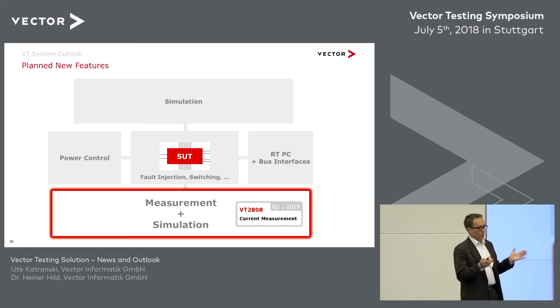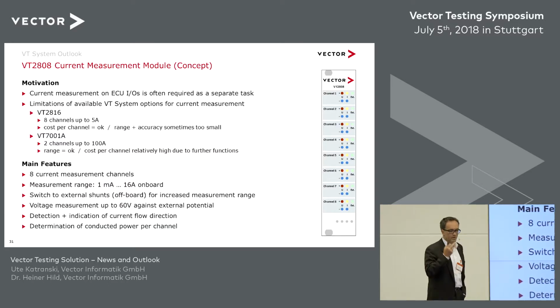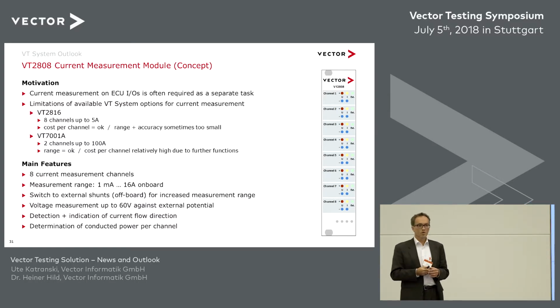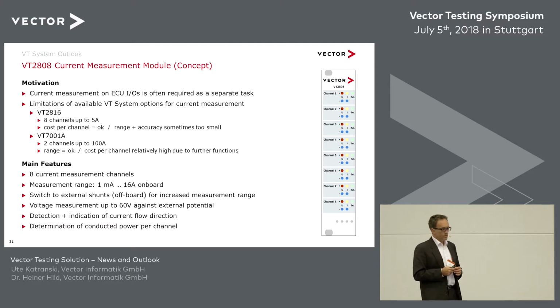Measuring current is something that we can already do, but there is still a certain gap that you may be recognizing in the motivation. With the 2816, we can measure currents on several channels in a relatively good way, but with a restricted area and with adjusted accuracy.